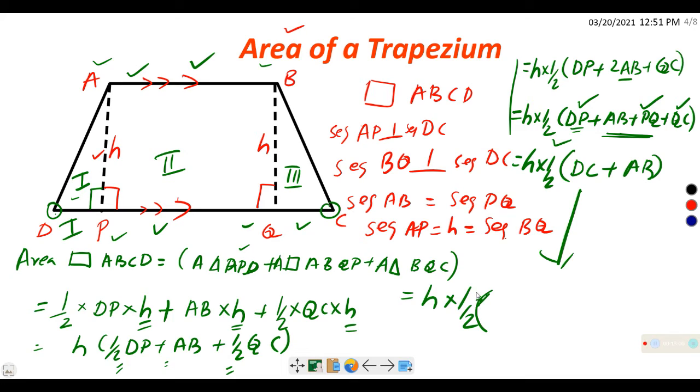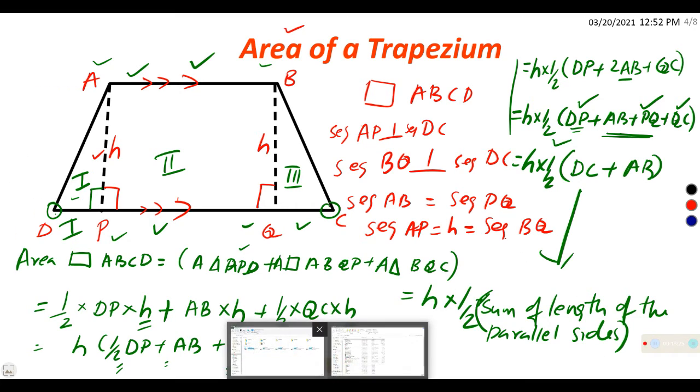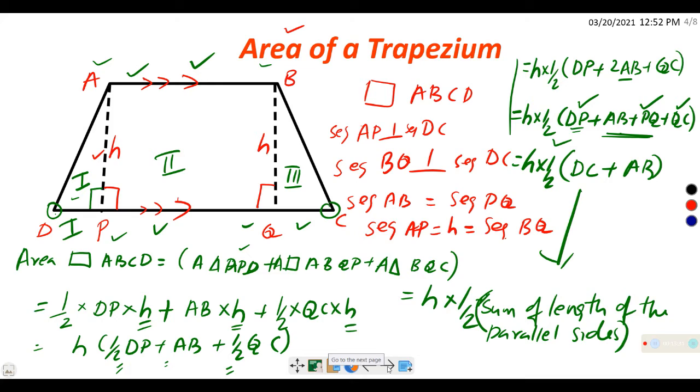So whenever you are calculating the area of a trapezium, it can be half into sum of length of the parallel sides into height. So this way we derive a formula over here to calculate the area of a trapezium. Nothing but half into sum of length of parallel sides into height.